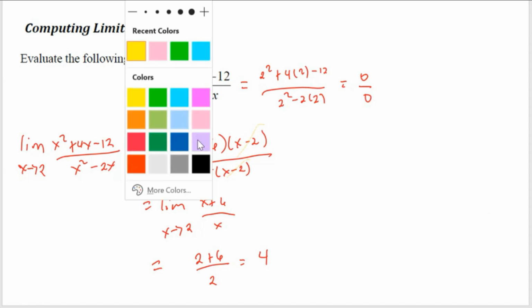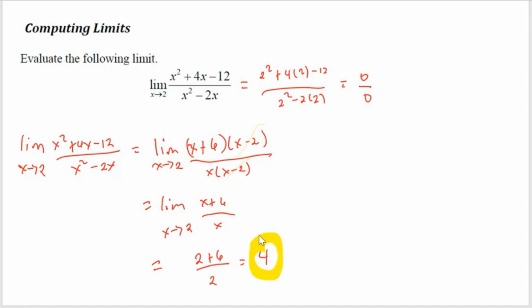So this is now the answer for the limit of x squared plus 4x minus 12 all over x squared minus 2x as x approaches 2. Okay, take note: before you simplify the given limit, you try to solve first by substituting x equal to 2. Now if the result gives you an indeterminate form, one of those is 0 over 0.